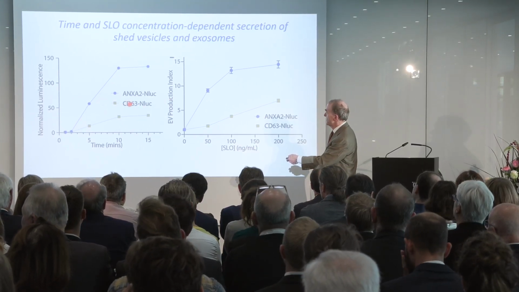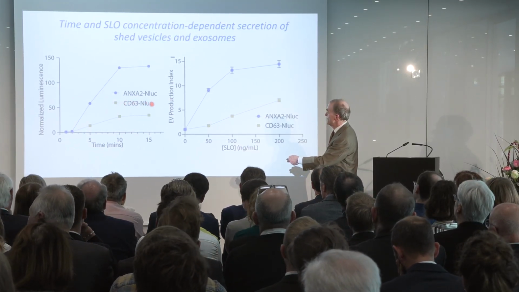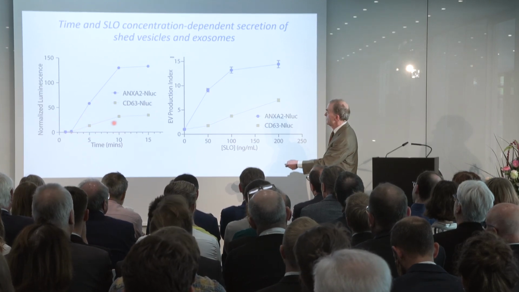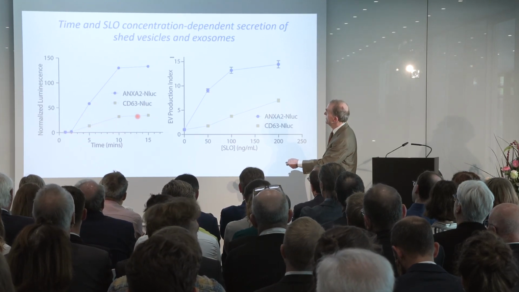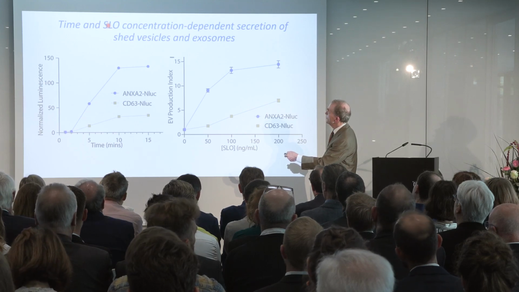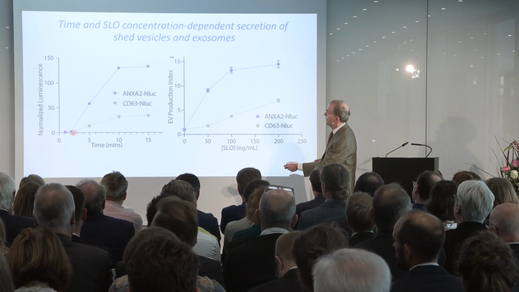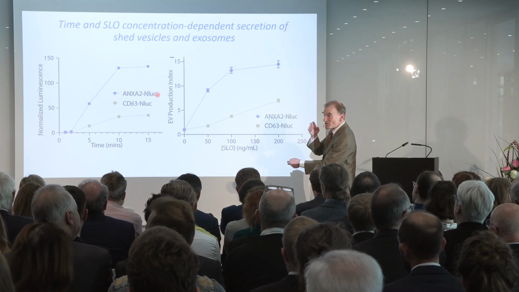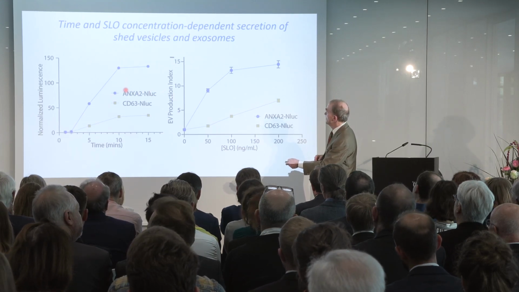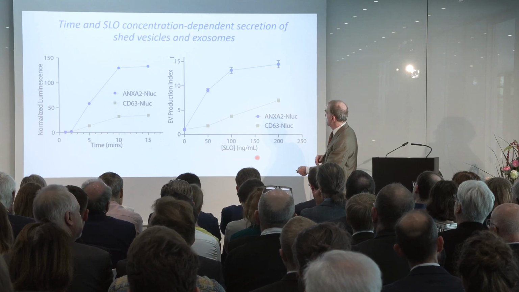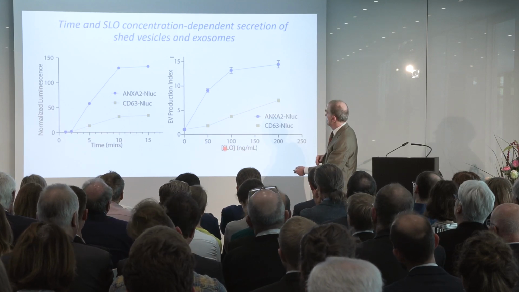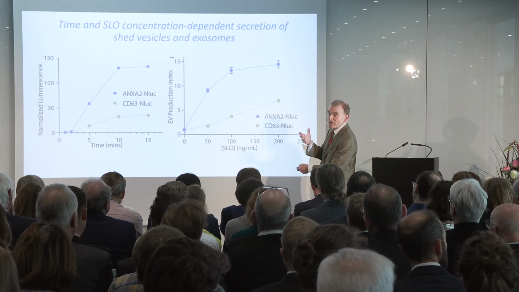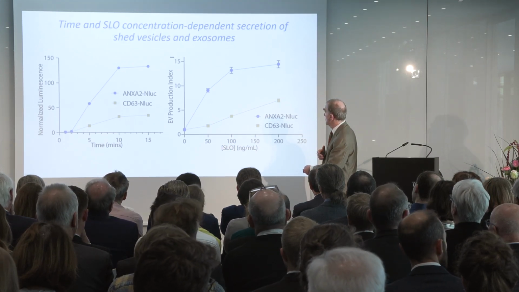This now is the production of CD63 N-luciferase vesicles, shown in the brown squares, during the first minutes of treatment with the pore-forming protein streptolysin O, a quite remarkable increase in the secretion of annexin-containing vesicles, distinct vesicles produced under these conditions, and dependent on incubations with this streptolysin O that are sublytic. These are not toxic levels. The cells can repair themselves quite readily.